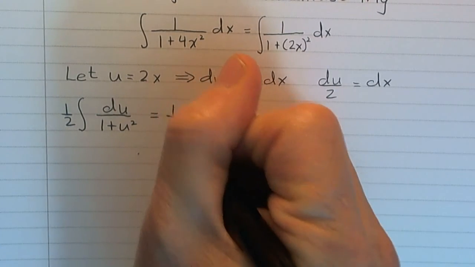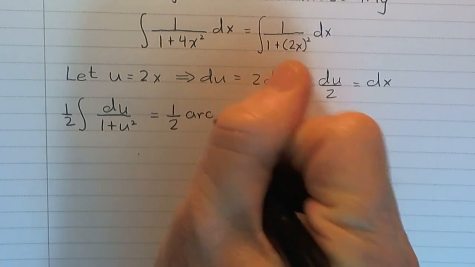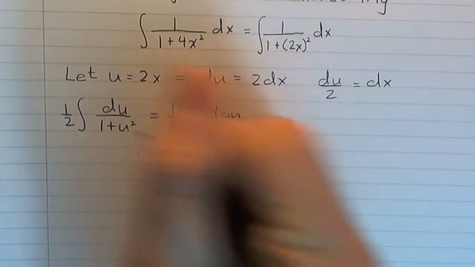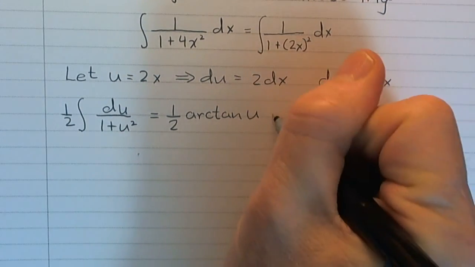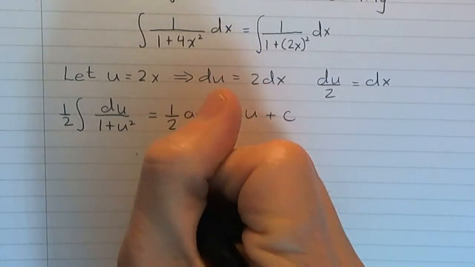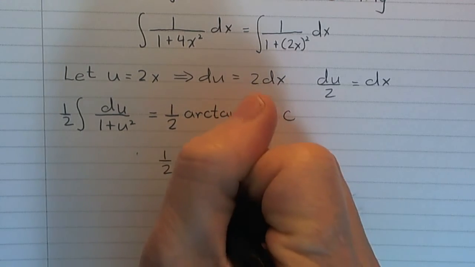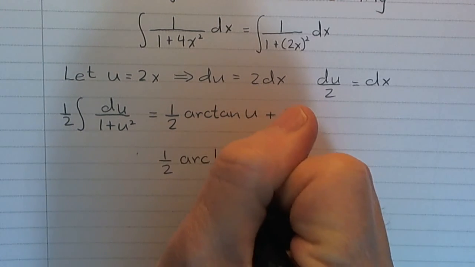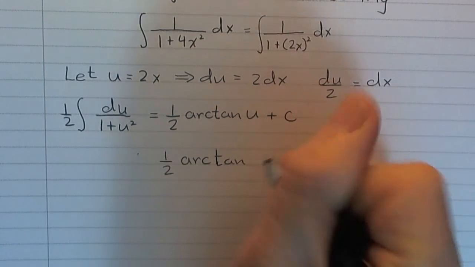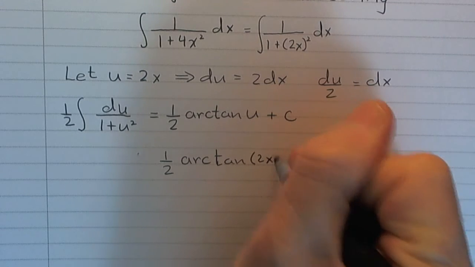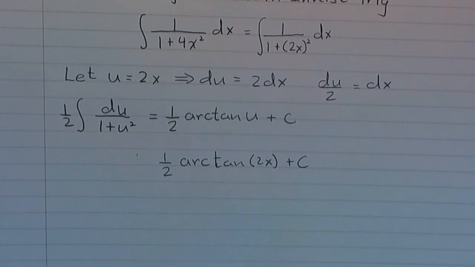So what we have is 1/2 arctan of u plus c. And then you could, of course, say that's 1/2 arctan of 2x if you fancy doing it that way, substituting back in.